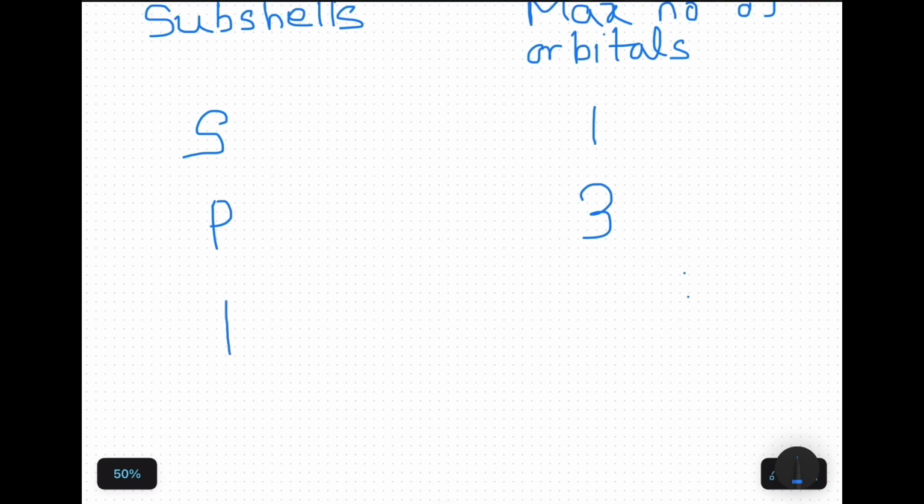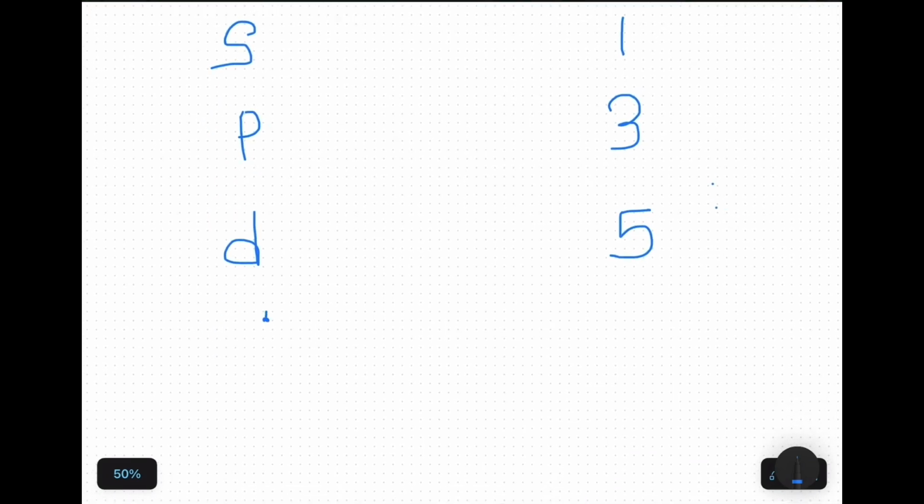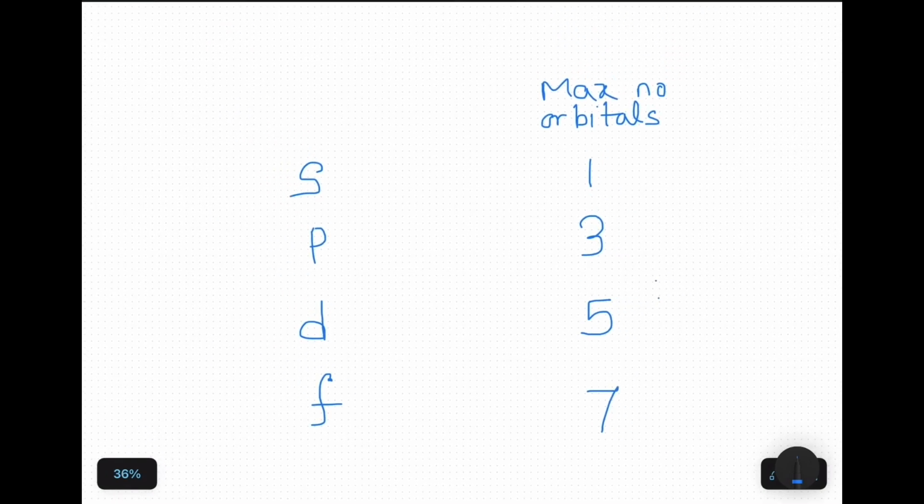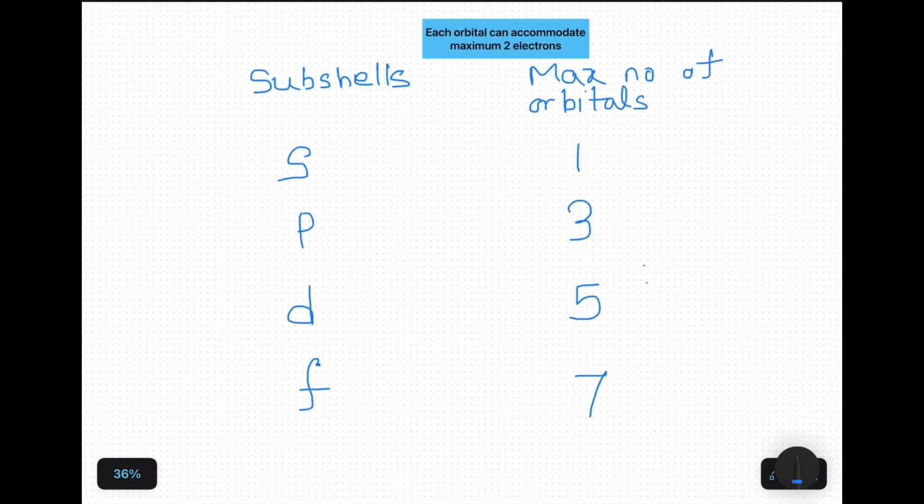And now for subcell D, the maximum number of electrons is 10, and each orbital holds 2 electrons. So the number of orbitals will be 5, correct? And for F, the number of electrons is 14, and the number of orbitals will be 7. So here you can see on the screen the number of orbitals in each subcell.